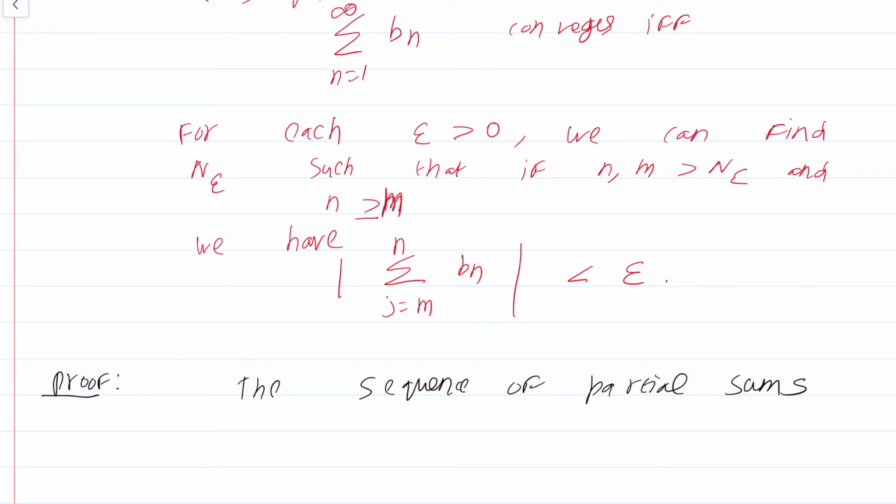The sequence of partial sums, say Sk, converge if summation Bn converges, right, and vice versa.